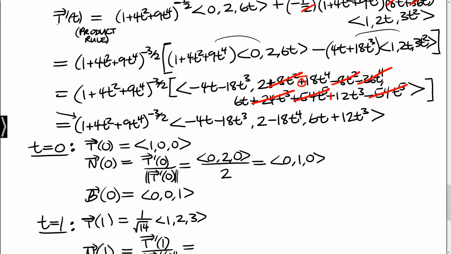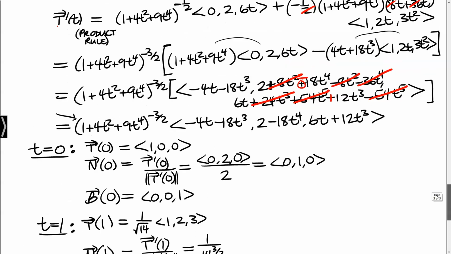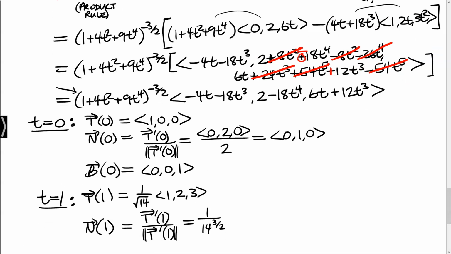That's going to be 14 again, so it's 14 to the minus 3/2, so 1 over 14 to the 3/2. But as we're going to see in a second, that doesn't really matter. And then we get negative 22, 2 minus 18 times 1 is negative 16, and then 18.